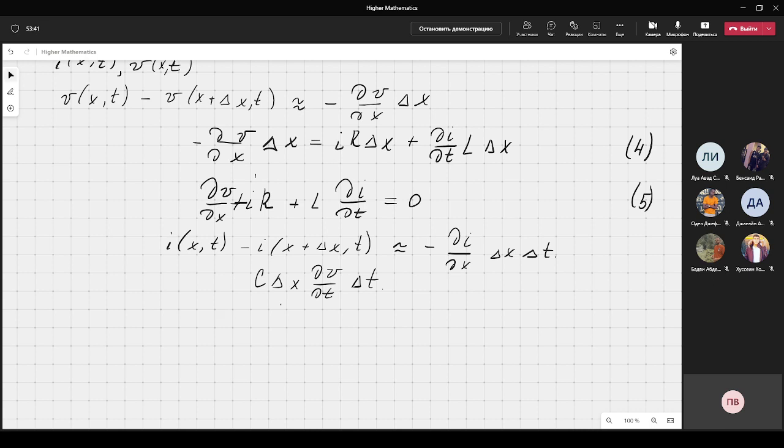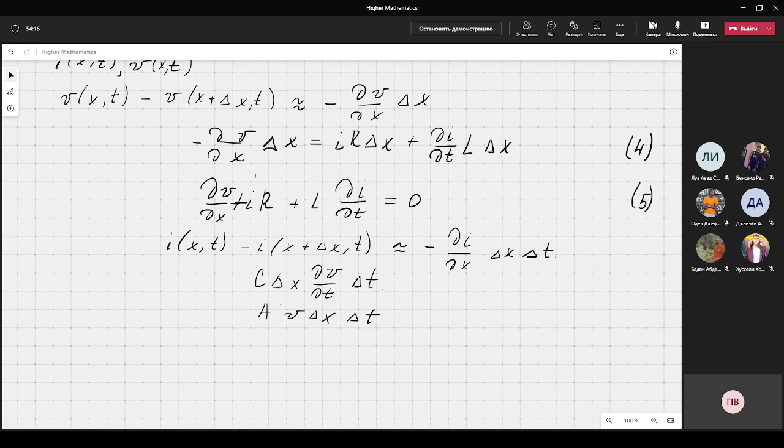And in leakage through the lateral surface of the wire due to imperfect insulation, equal to A V delta x delta t. Here A is the leak coefficient.